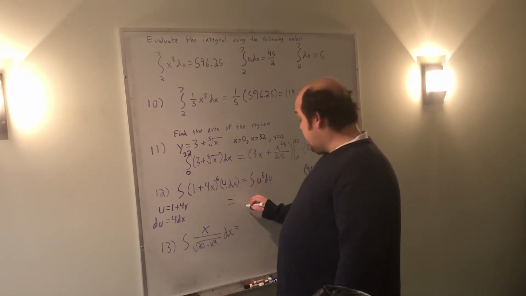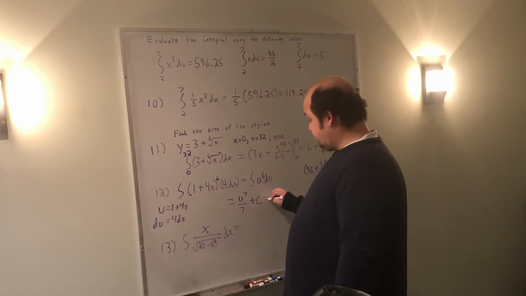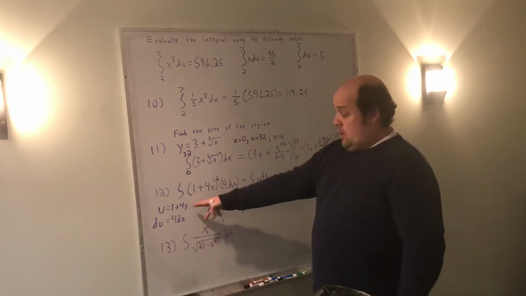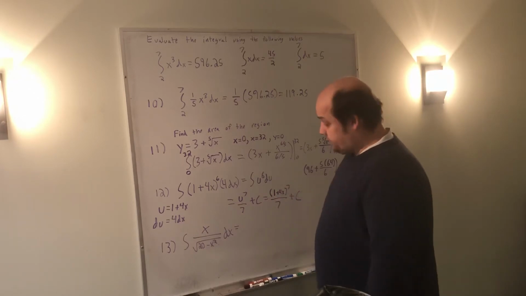Now when I integrate, it becomes u to the 7th over 7 plus c. And my last step is to replace that u with what I know u to be equal to. So that becomes 1 plus 4x to the power of 7 over 7 plus c.